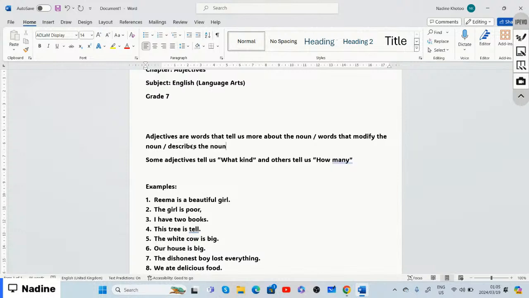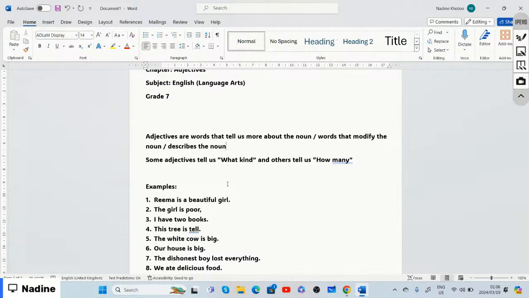And nouns are names: they name people, places, animals, things. So an adjective tells us more about the noun. It can tell us more about the person, the place, the animal, or that specific thing. It describes that thing or modifies that person, place, animal, or thing.